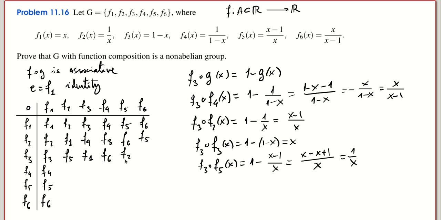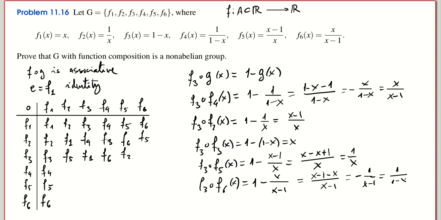And f3 composed with f6 is 1 minus f6, so 1 minus x over x minus 1, that's x minus 1 minus x over x minus 1, which is minus 1 over x minus 1, or 1 over 1 minus x, and that is f4.